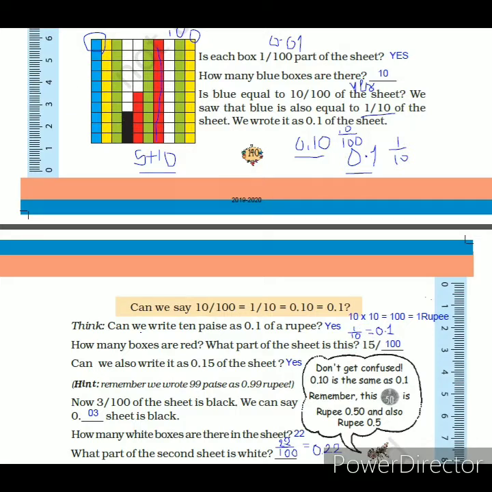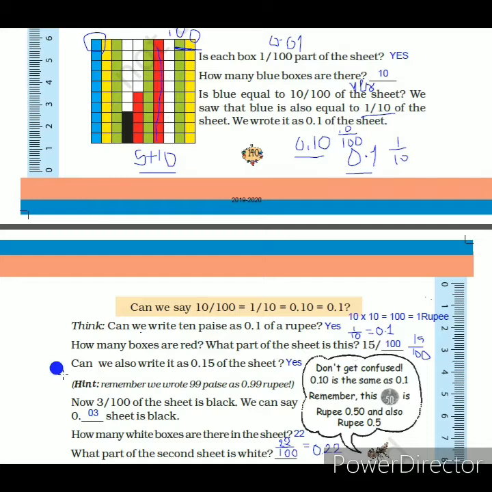We know that there are 100 boxes in total. So out of 100, 15 boxes are given red color. So we can write this as 15 by 100 or 15 upon 100. There you have to write the number of boxes, or what part of the sheet is red, as 15 by 100. That is the answer.